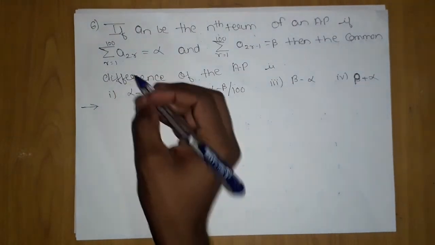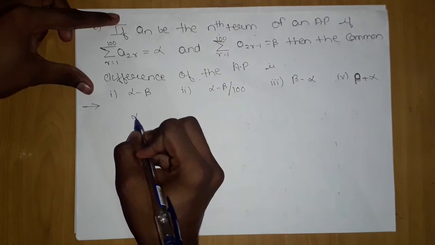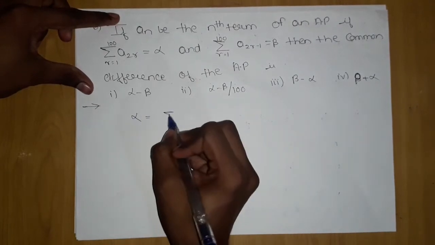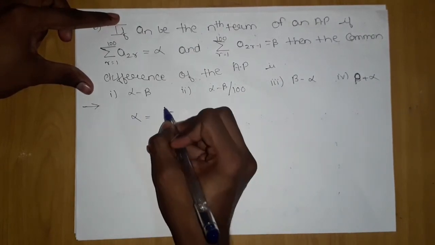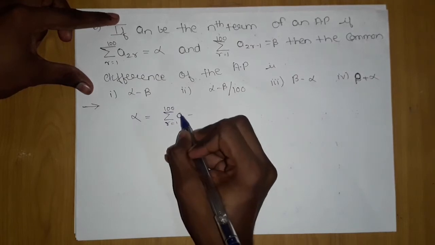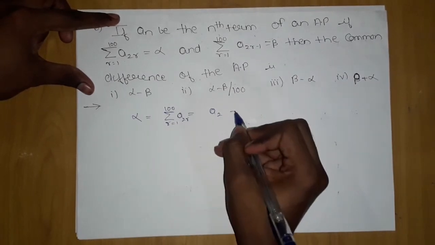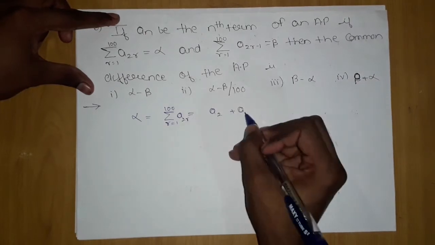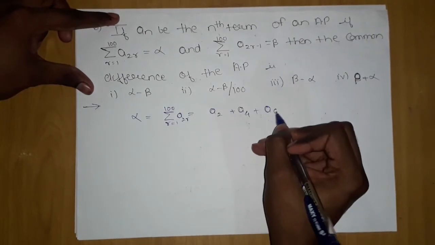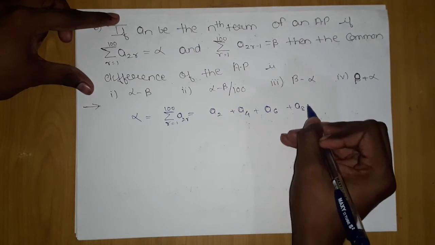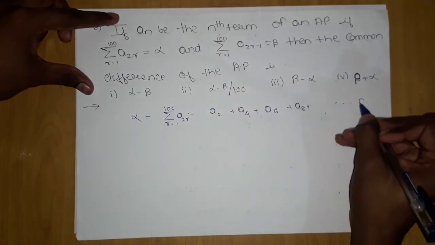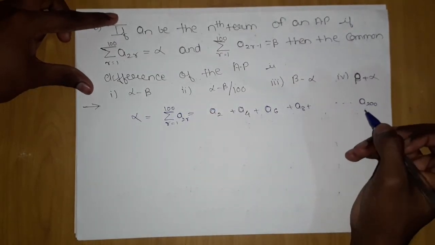Now if we open this, alpha is equal to the summation for r equals 1 to 100 of a_2r. If we open this, we get a2 plus a4 plus a6 plus a8, and similarly if we place 100 we get a200.